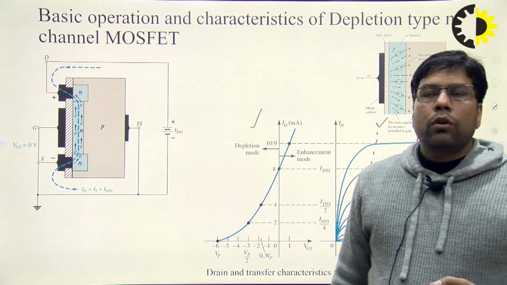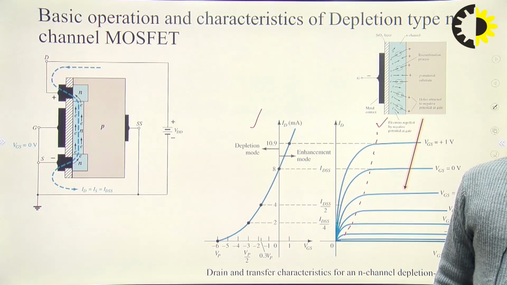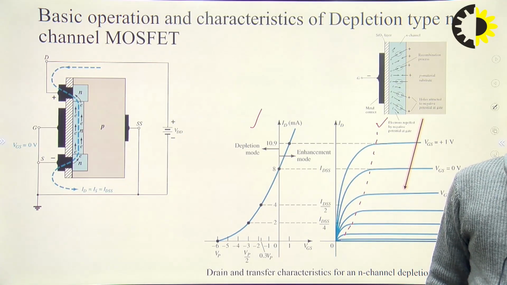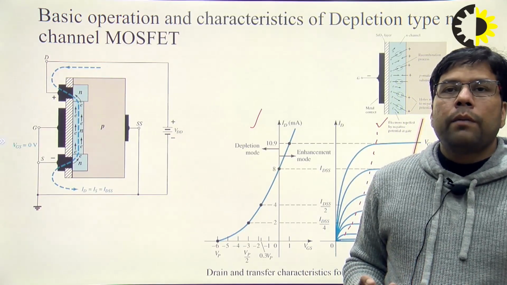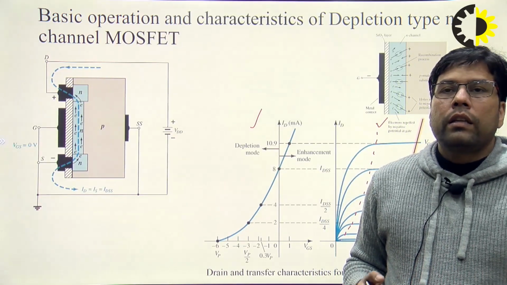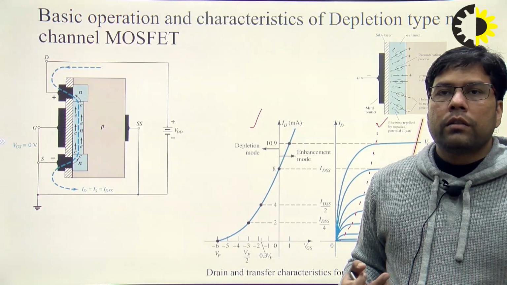So overall we can say we have two types of MOSFET, depletion type and enhancement type. In the depletion type, the channel is already present, while in the enhancement type MOSFET there is no channel present already.